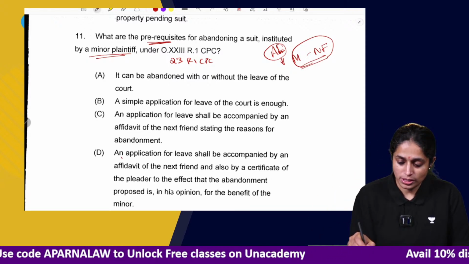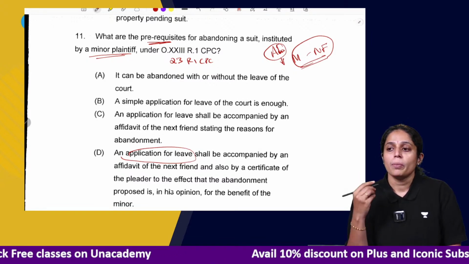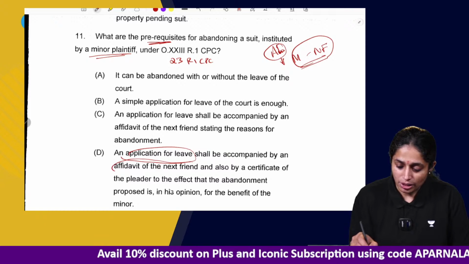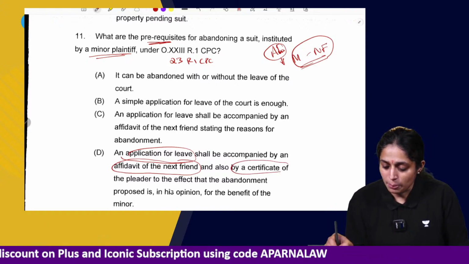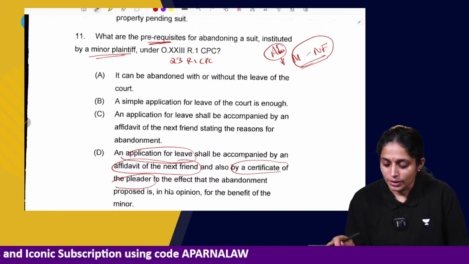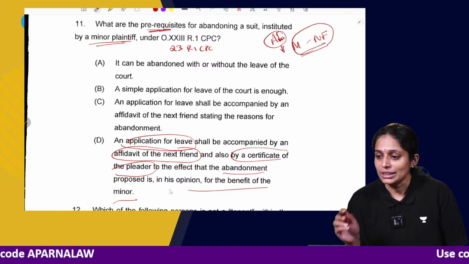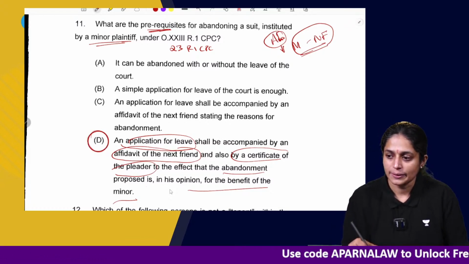Of course, an application for leave, the court has to give permission. Along with that, an affidavit of the next friend and also a certificate by a pleader saying that whatever abandonment he is doing, it is for the benefit of the minor. So, all these three things are required, hence D is the correct answer.